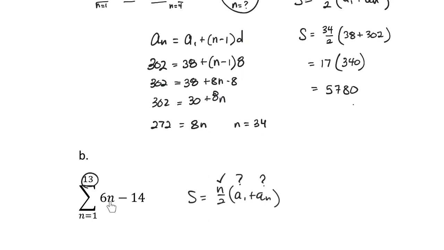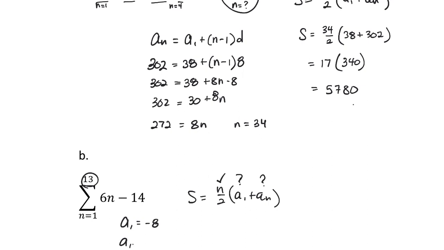So when n equals 1, 6 times 1 is 6. 6 subtract 14 is negative 8. So the first term is negative 8. Now the 13th term would be 6 times 13, which is 78. And then 78 minus 14 is 64.